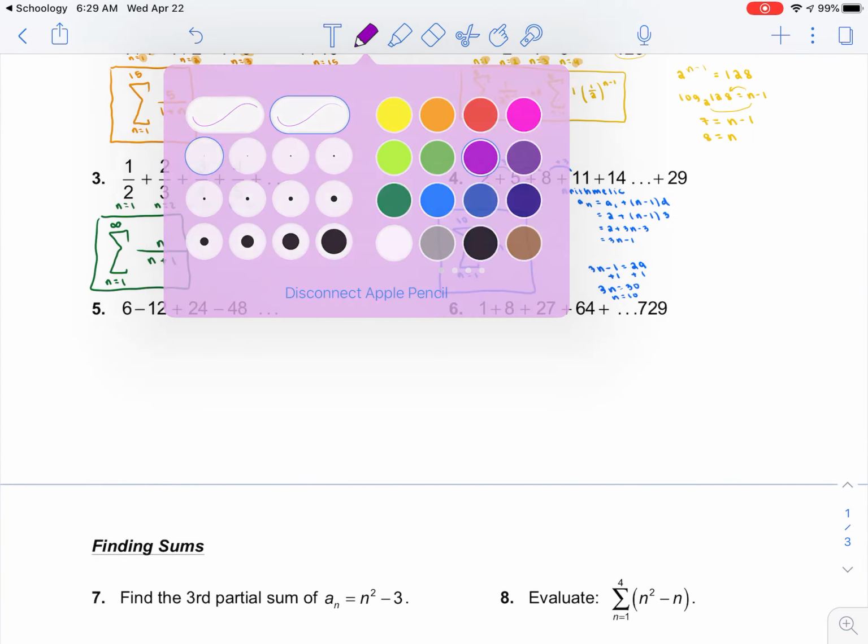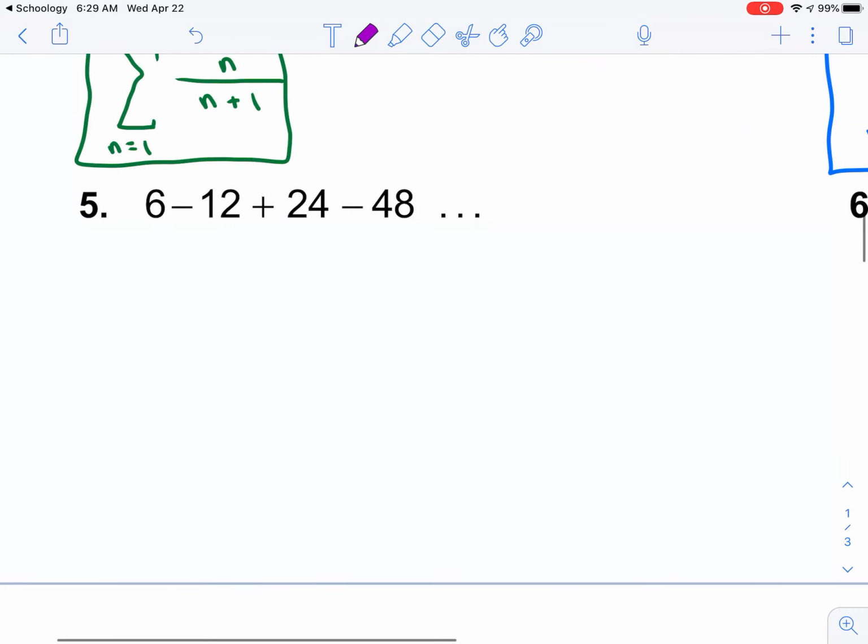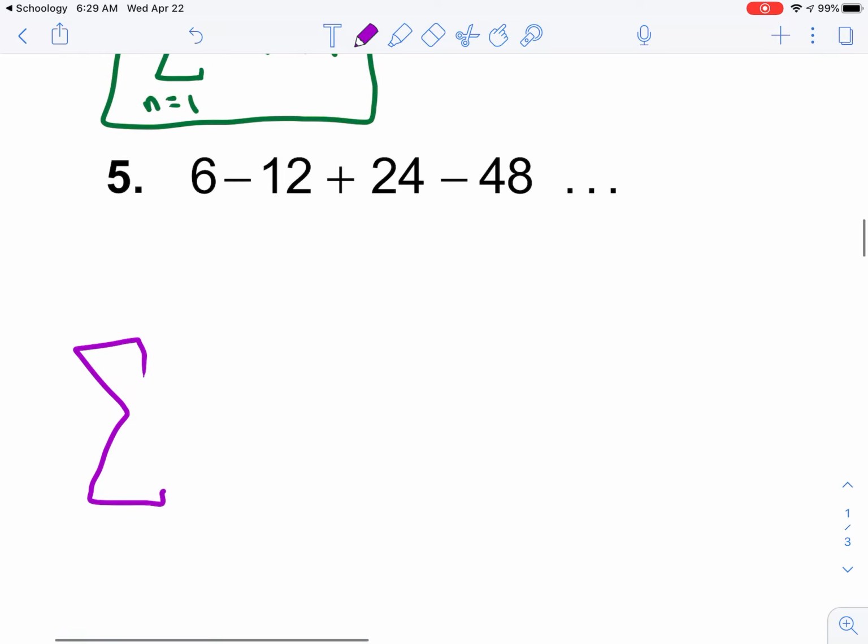Moving on to the next problem, we have another one, sigma notation. With this one, I see that, again, put this underneath, but I see right away that this is a geometric series because I am multiplying by -2 each time.